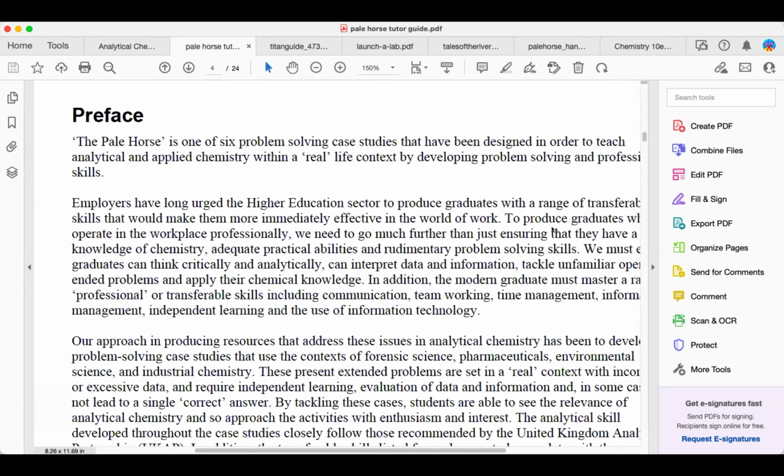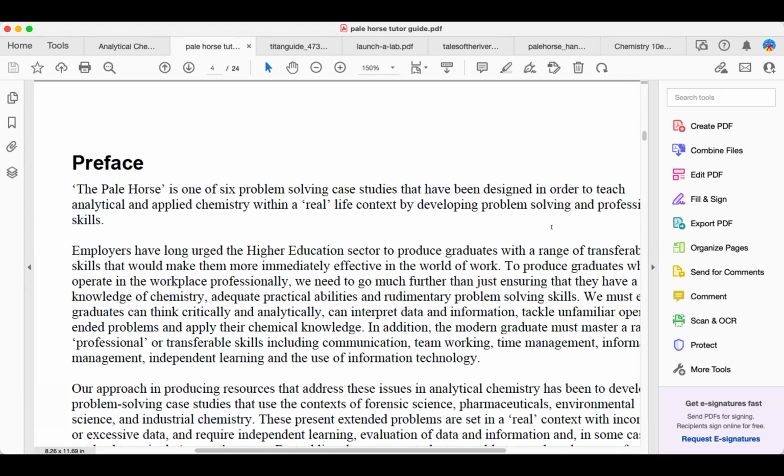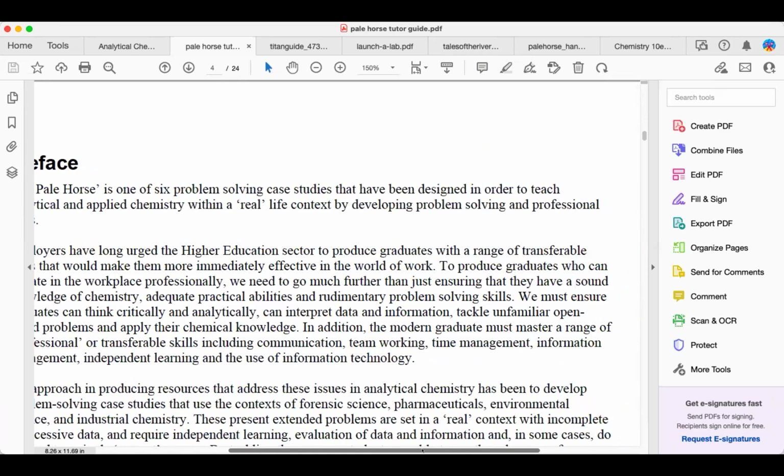All right. So what's the purpose of having a problem-based study? It is to teach analytical and applied chemistry within a real life context, by developing problem solving and professional skills.